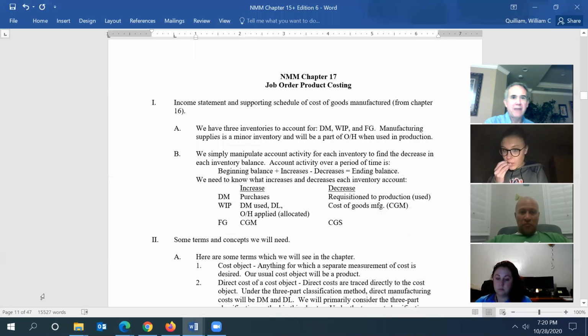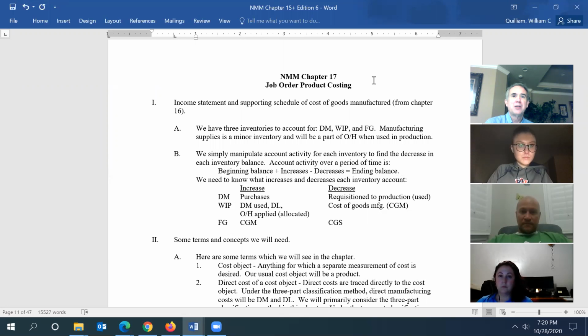So let's see what we have in chapter 17, something called job order costing. And what we're going to be doing is determining the cost of one individual job as it goes down the assembly line. And that might be one unit, or it might be a batch of similar units as they progress together.